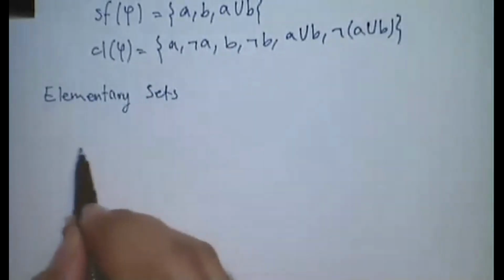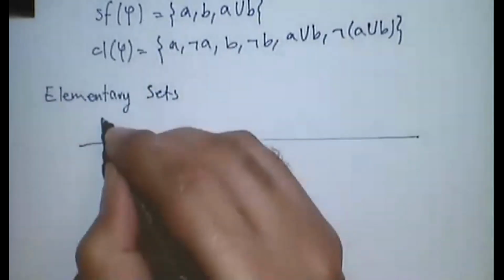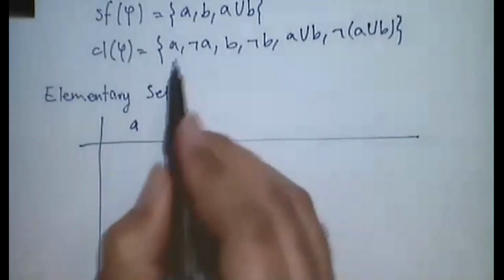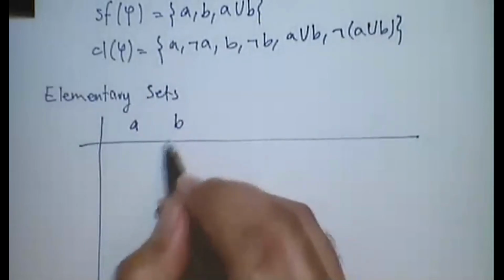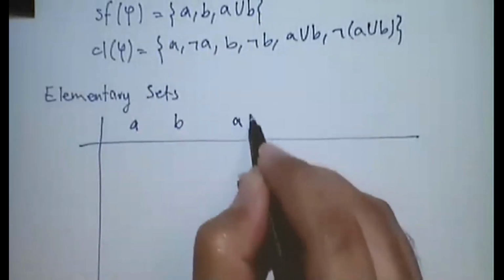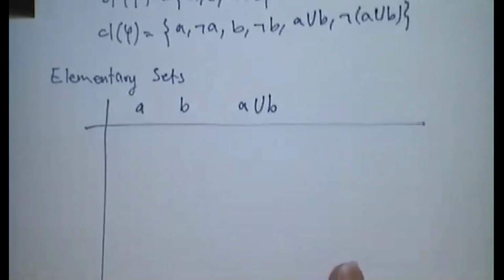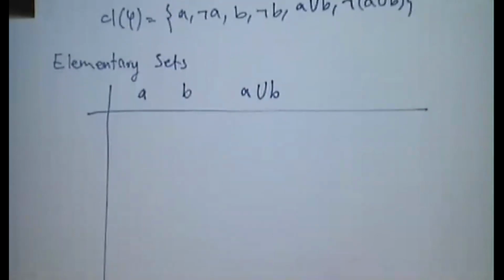Okay, so I create this table again. So I have to decide what I do with A, I have to decide what I do with B, and also with A until B. Okay. So let's go through this again one by one.